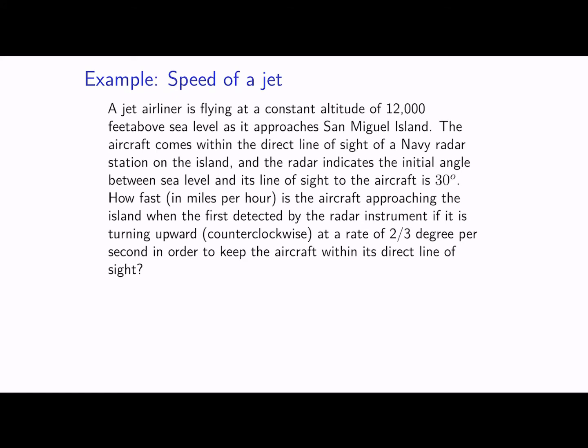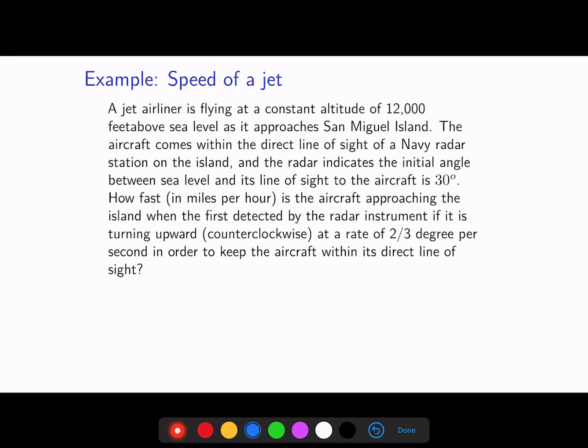Let's draw a picture. First, sea level. Let's say the radar installation is here and the aircraft is here. We're told in the problem that this angle of elevation at the instant we're interested in is 30 degrees.